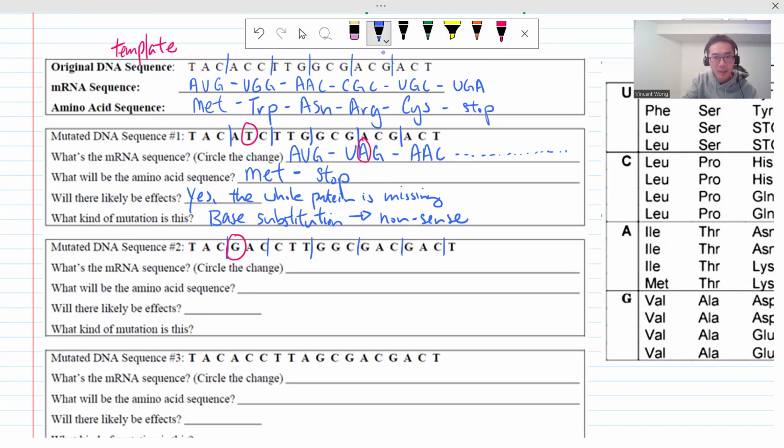So I'm going to write down that this is an insertion of the G, right? So let's change it into messenger RNA: AUG, CUG, GAA, and so on and so forth.